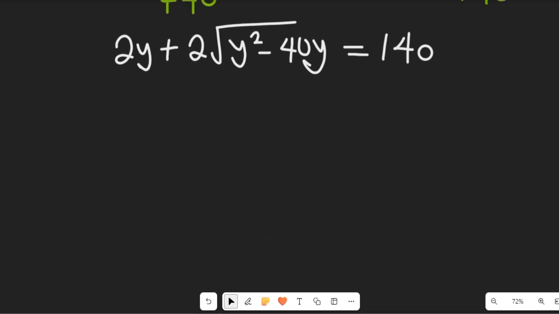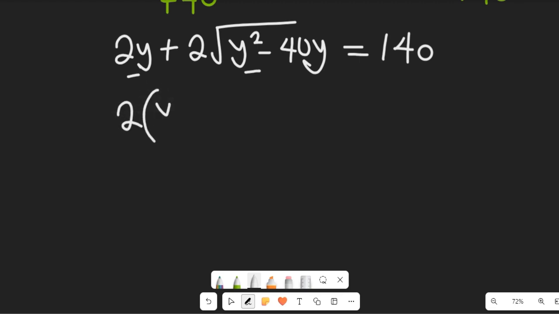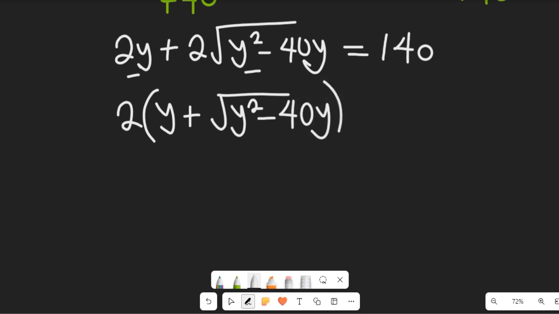So in the next step, we're going to simplify, and to simplify, we are going to see how we'll simplify this left-hand side. From these 2 points, this and this, we find that 2 is absolutely common. So we'll bring out 2, and that will give us y plus the square root of y squared minus 40y, and this will be equal to 140.